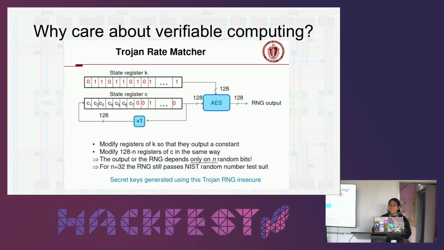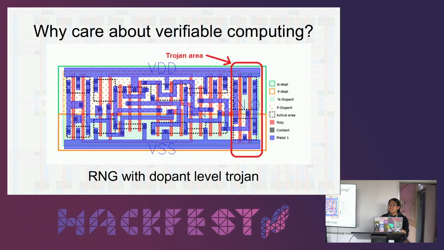But what they can do is tamper with the registers in a similar way, so they can basically make the RNG not so random anymore. This is not the whole RNG, right? This is just one section of it where they did the tampering itself.